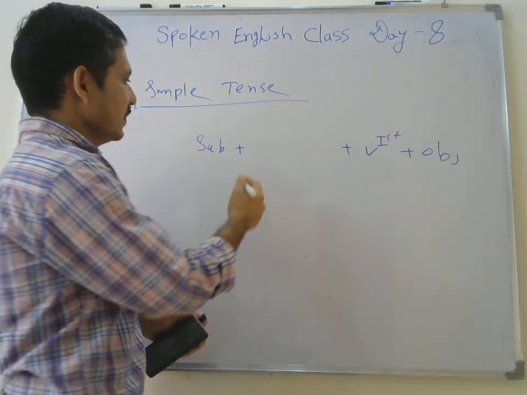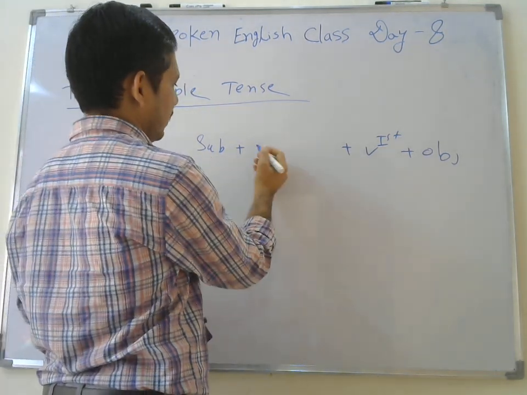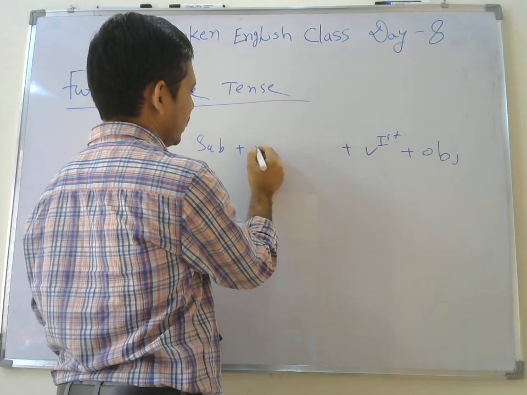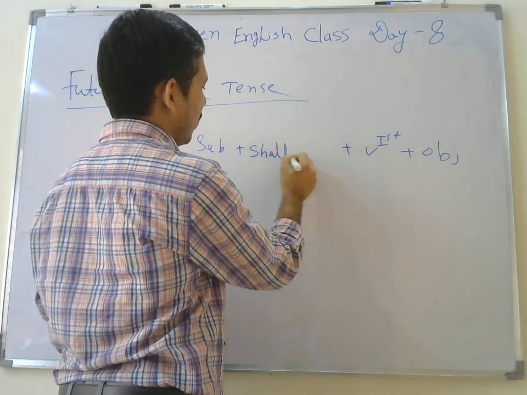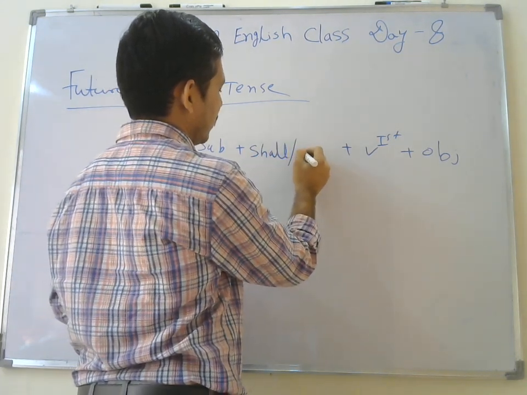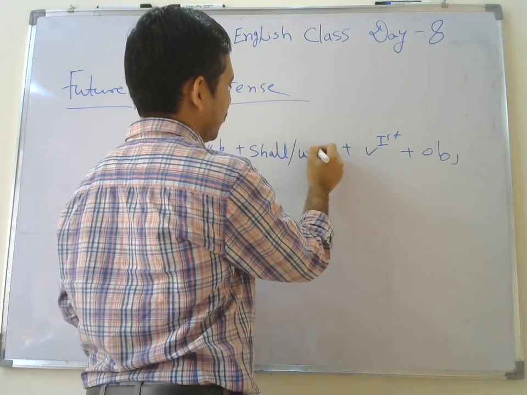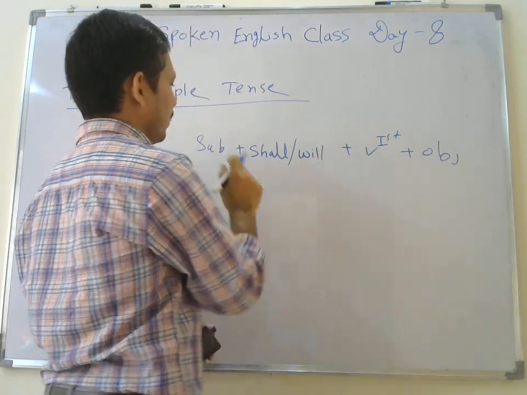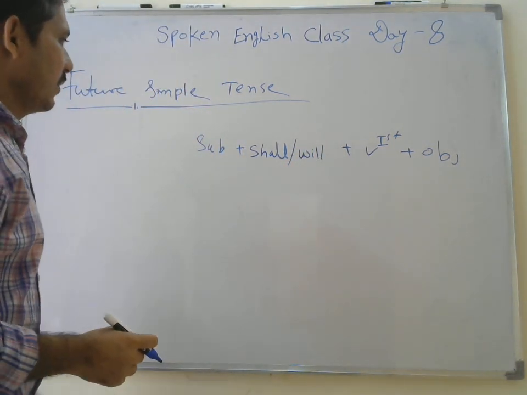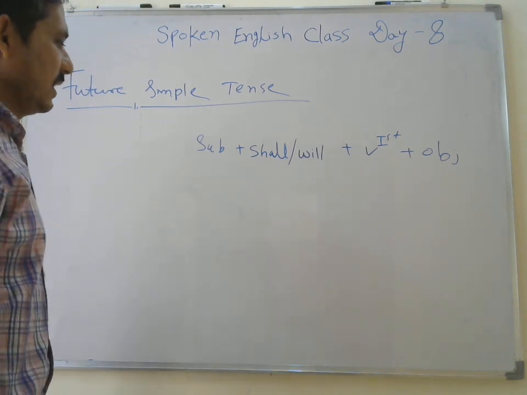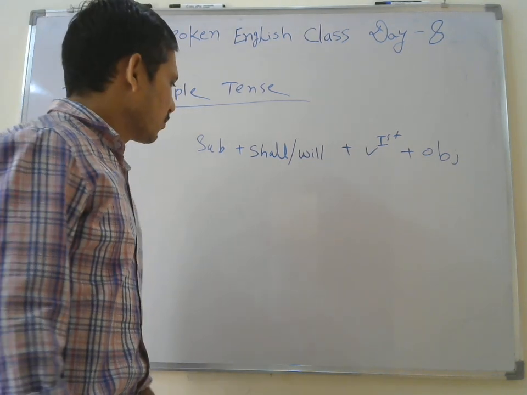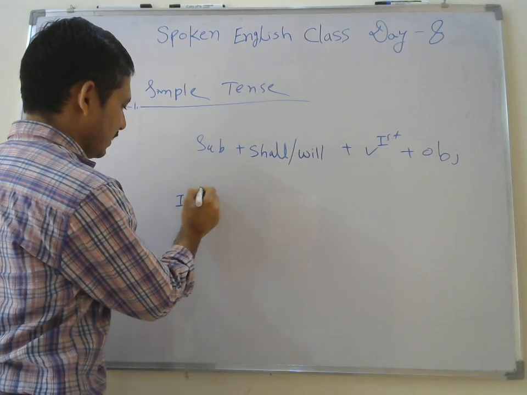So here the helping verbs for future tense are shall and will. Shall and will. But nowadays while speaking English, people just use he'll or I'll. So basically we'll use it like this.